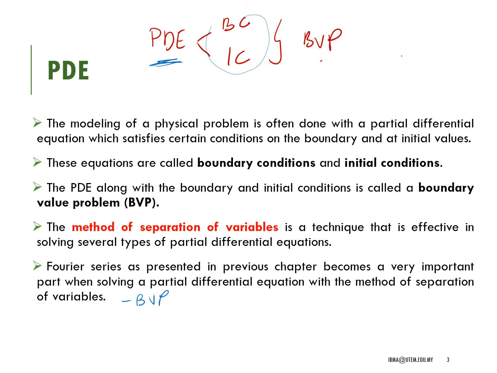If you have the complete boundary value problem, with the PDE together with the boundary and initial conditions, then in order to solve it, you need to apply the Fourier series solution as part of the steps.